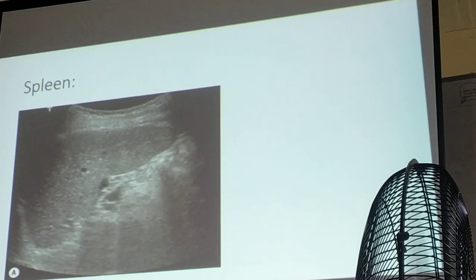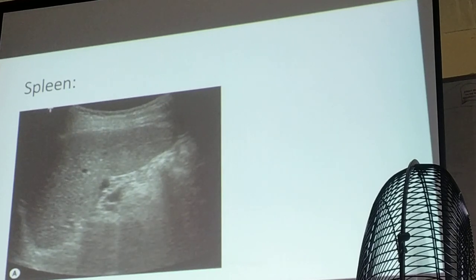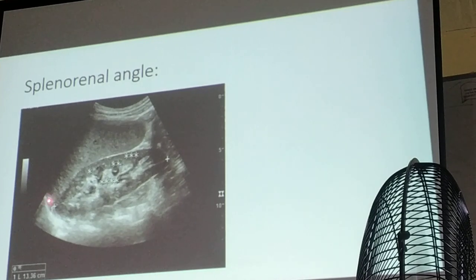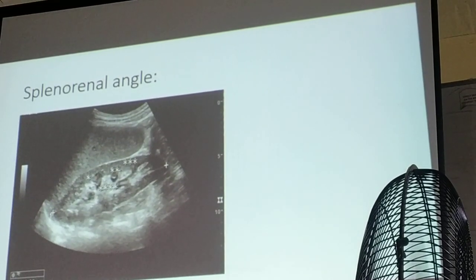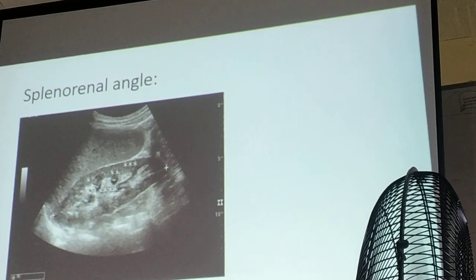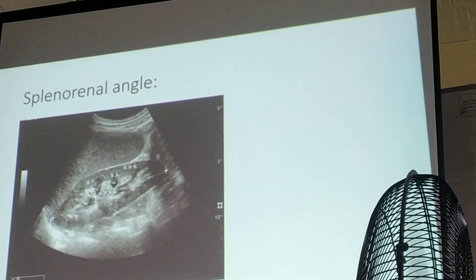So if you have your hepatorenal on the right, you have your splenorenal on the left. Okay? Again, that is your spleen. It is smaller than your liver. In one frame, you could show the whole picture of your spleen. Okay?